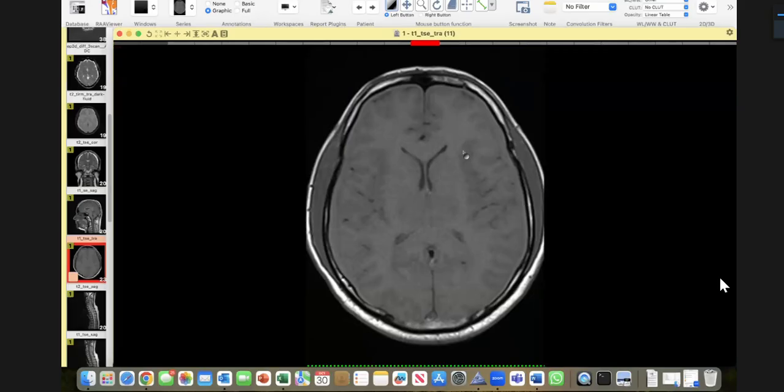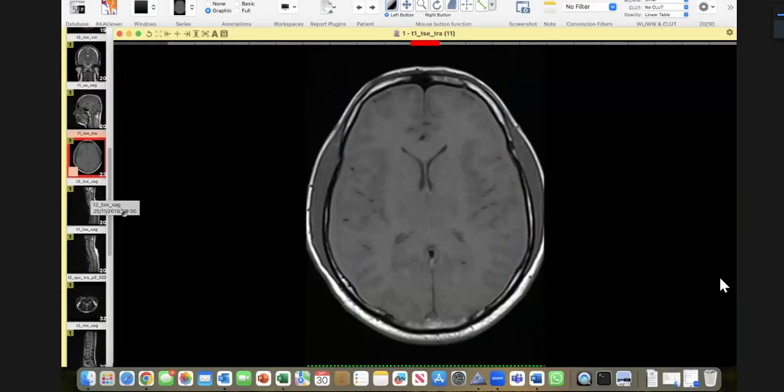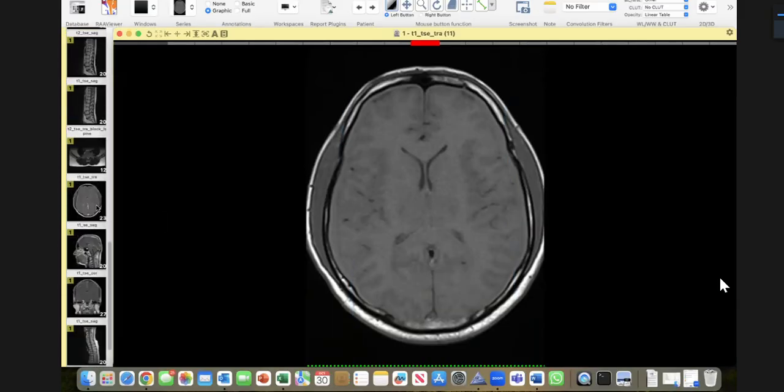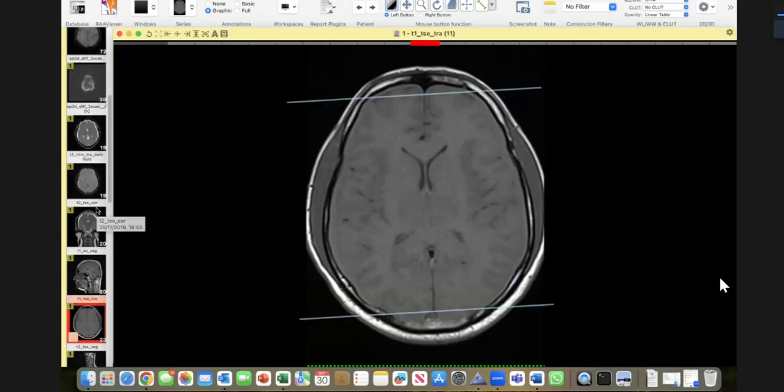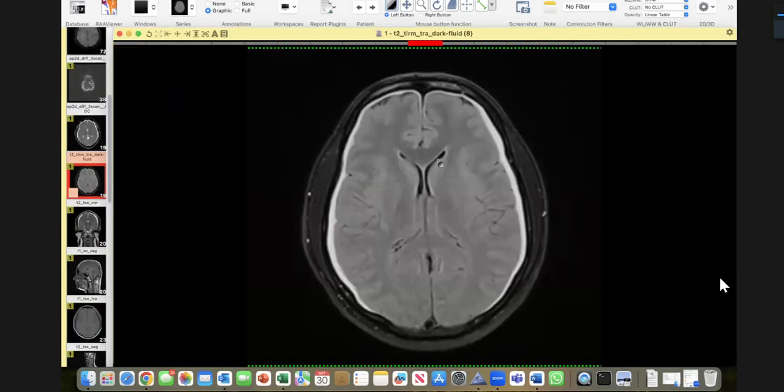This is a T1. On a T1 weighted sequence, white matter is white, though the CSF is black. So this is a T1, where the white matter is white. And where is the FLAIR? So this is the FLAIR. Now, if you get confused here, just look at the white matter and it will be black. So this is a FLAIR sequence.